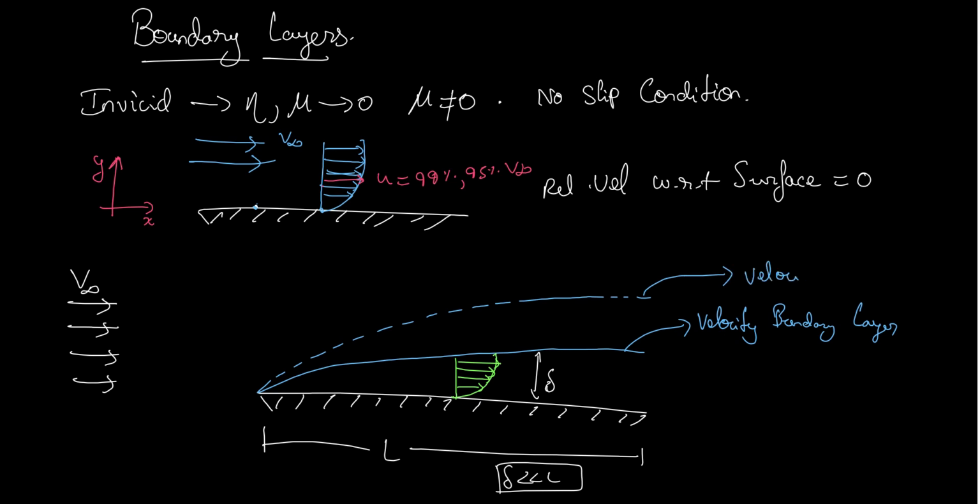So this is the thermal boundary layer or the temperature boundary layer, and this also has a thickness which we define as delta T, and it also increases along the length of the plate. The thermal boundary layer profile looks something like this.